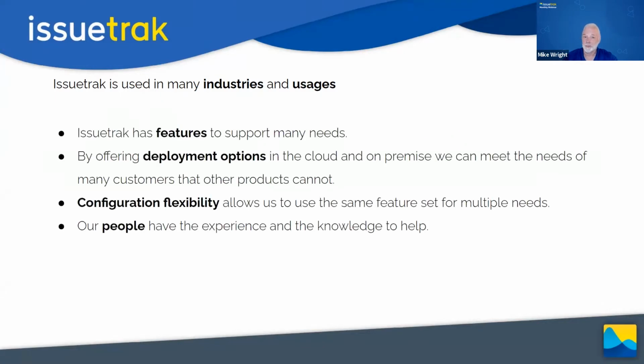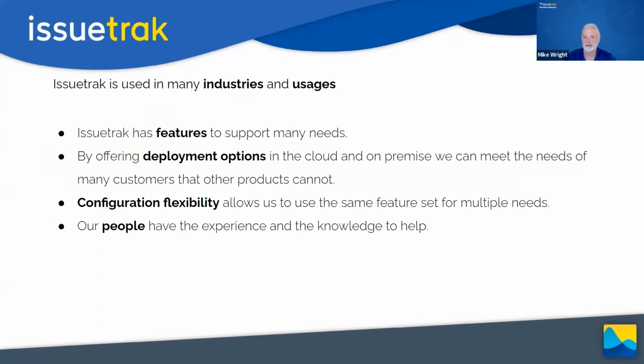We have features to support many needs. We have different deployment options in the cloud and on-premise that can meet the needs of many of our customers that other products can't. Some of them are cloud only, so they can't offer premise, and where premise is necessary or required by your company, we can meet that need.